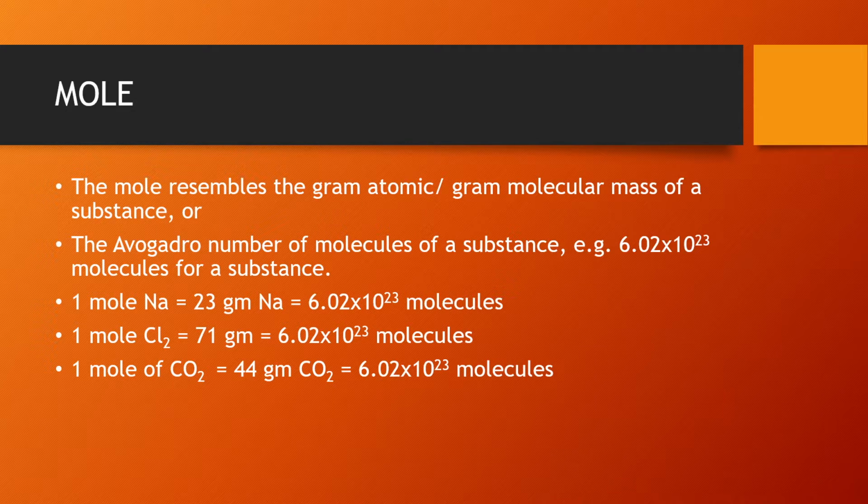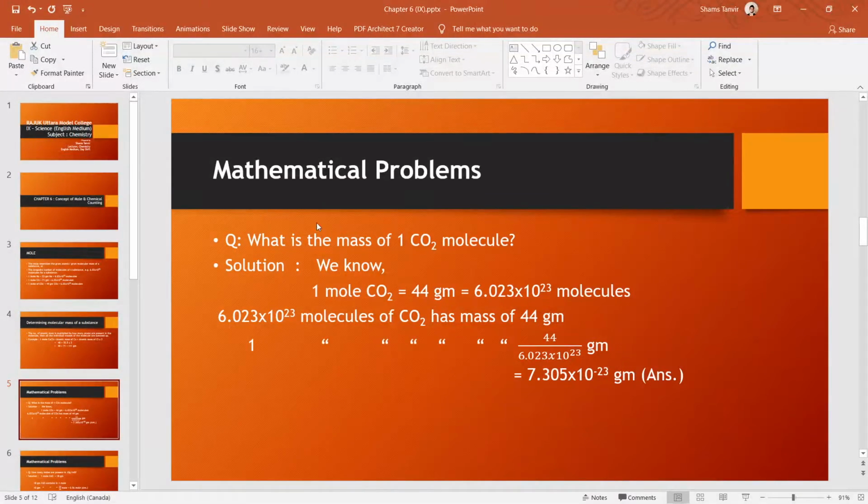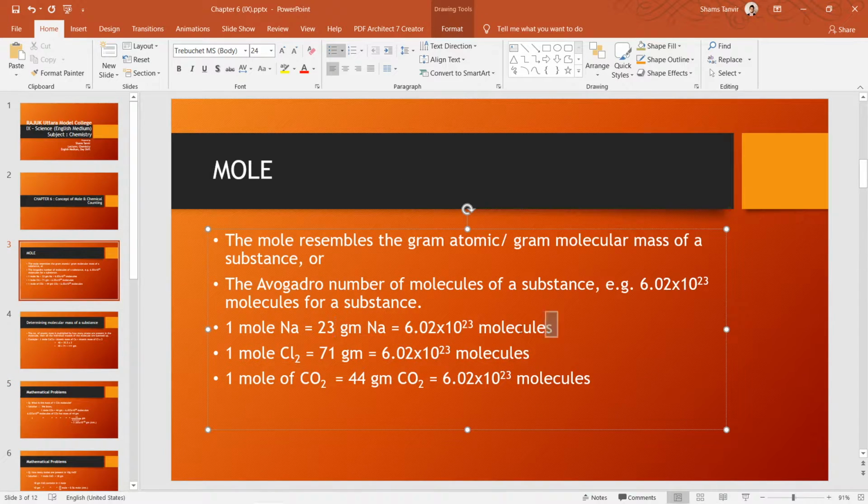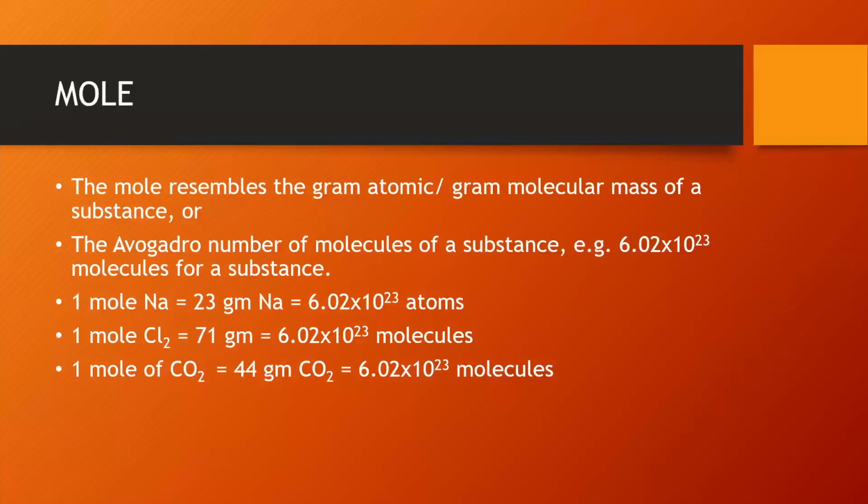For example, you can see here that 1 mole sodium will be 23 gram, that is the atomic mass of sodium, and 1 mole contains 6.02 into 10 to the power 23 atoms.